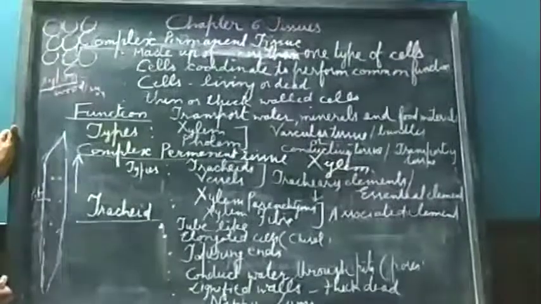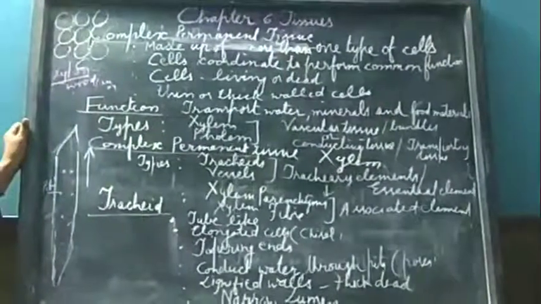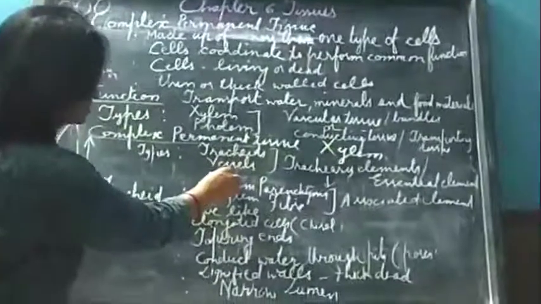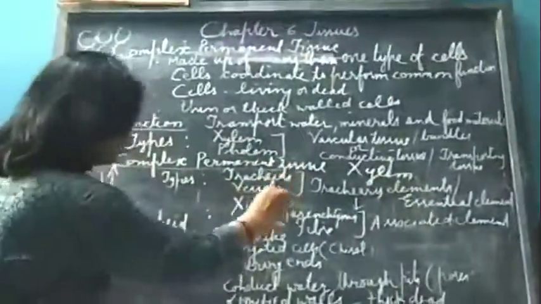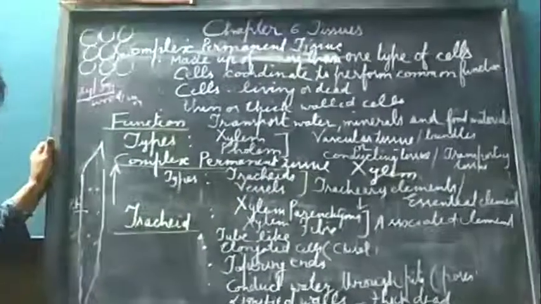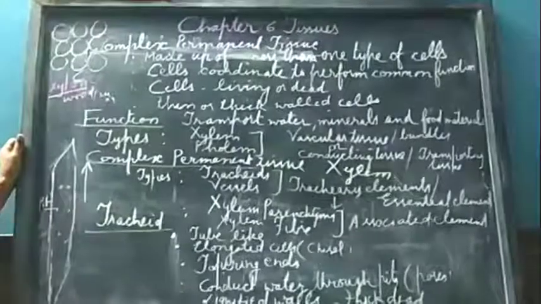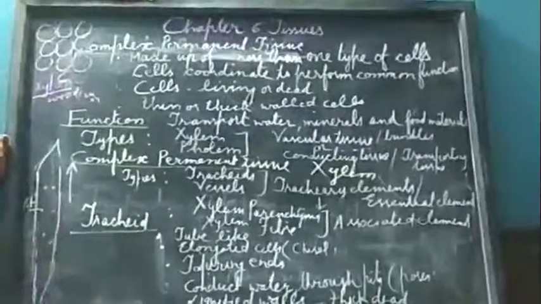So there are 4 types of xylem tissue. Tracheids and vessels are the main conducting cells. So we can say they are the actual water conducting cells.